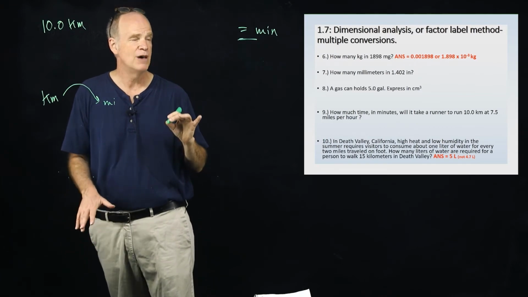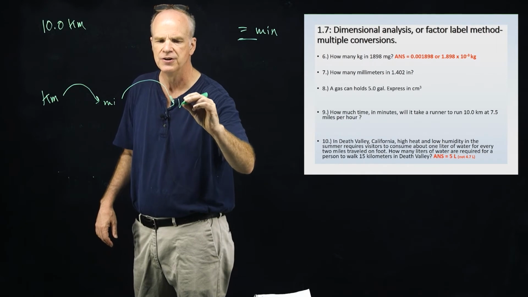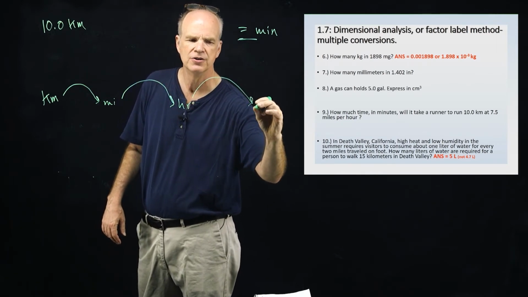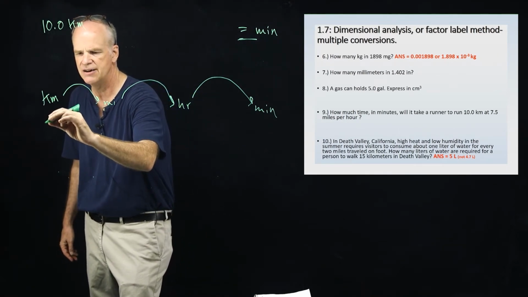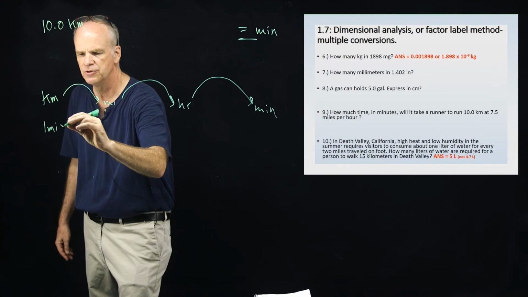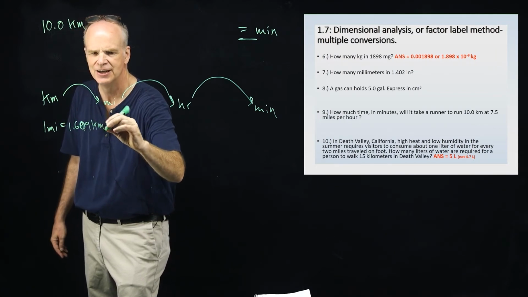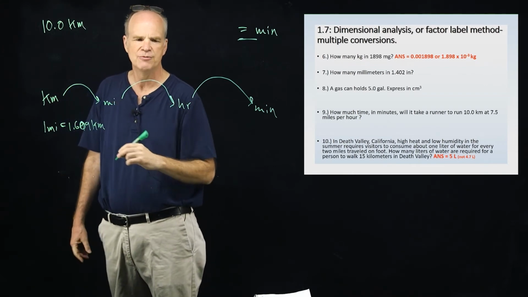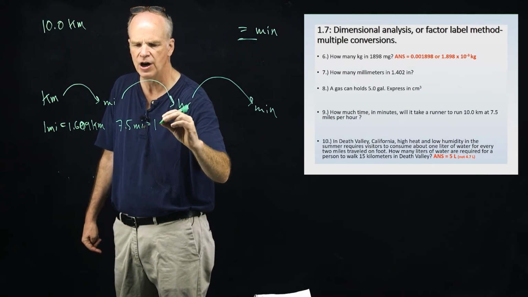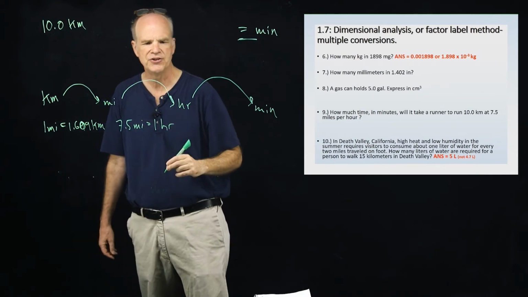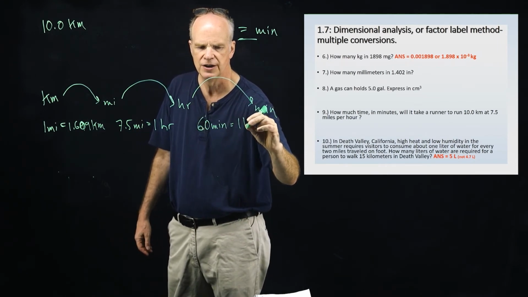Once we have miles, then we can use 7.5 miles per hour to convert that to hours, and then we can convert hours to minutes. So let's see, 1 mile is equal to 1.609 kilometers. Again, 7.5 miles is equal to 1 hour, and we have 60 minutes in an hour, so 60 minutes is equal to 1 hour.